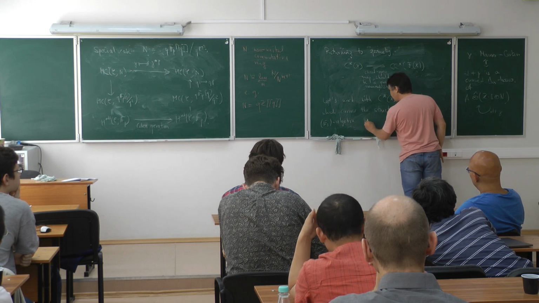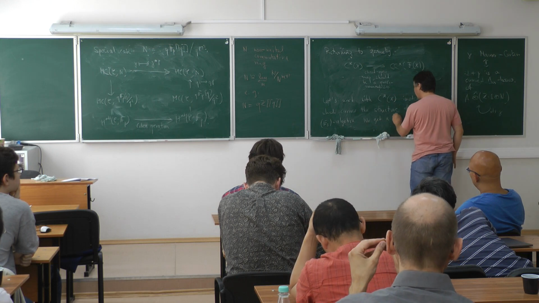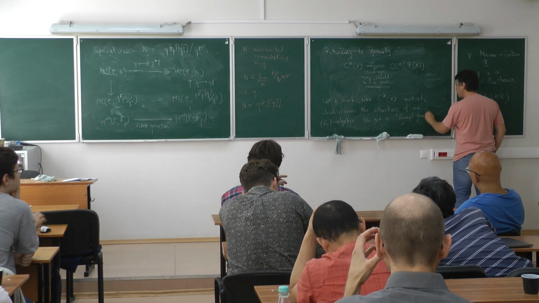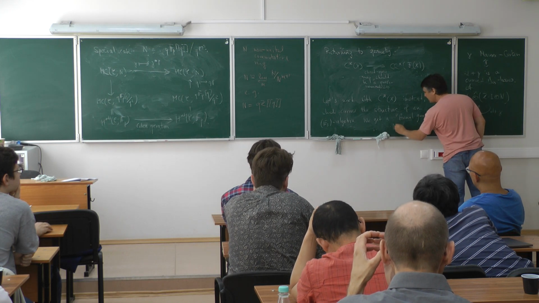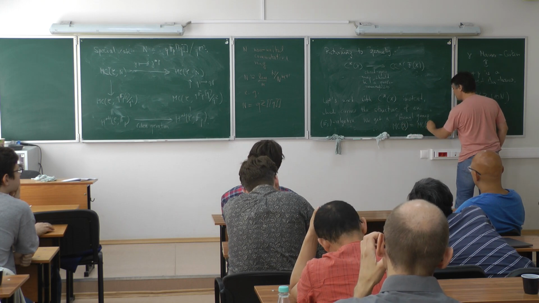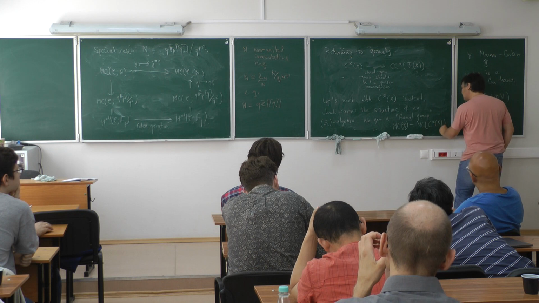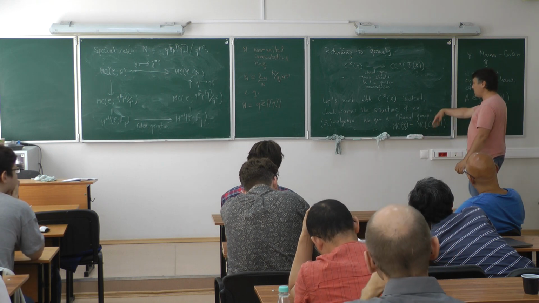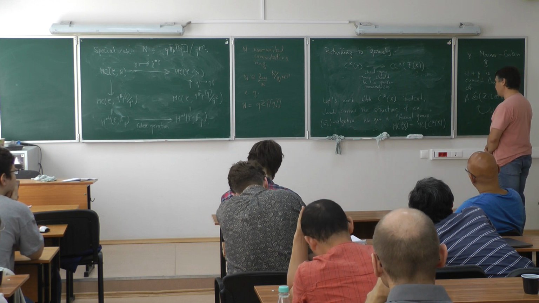So we get a formal group MC of X, which are Maurer-Cartan elements with respect to this. What I mean by this is that if you take a coefficient ring n, then you get a group structure with n coefficients.